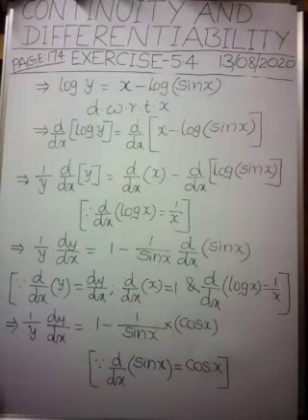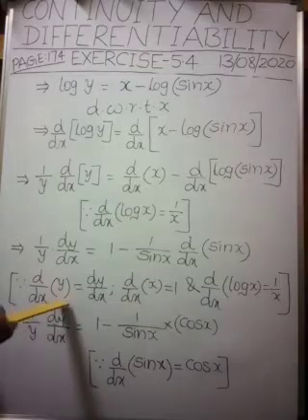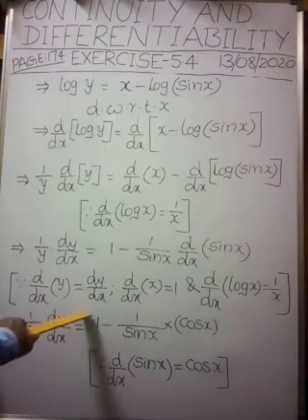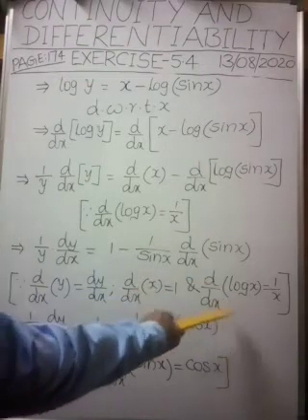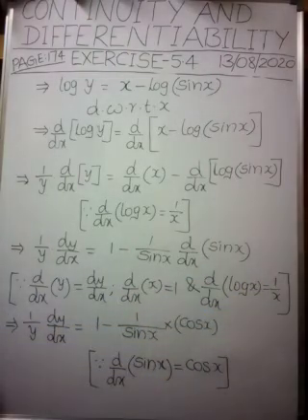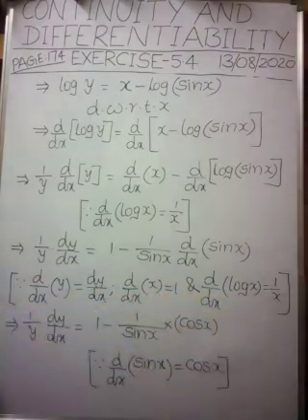Understood this part, my children? I wrote formulas also here: d by dx of y is equal to dy by dx, d by dx of x is equal to 1, and d by dx of log x is equal to 1 by x. I used these three formulas in this step. Understood, my dear children?